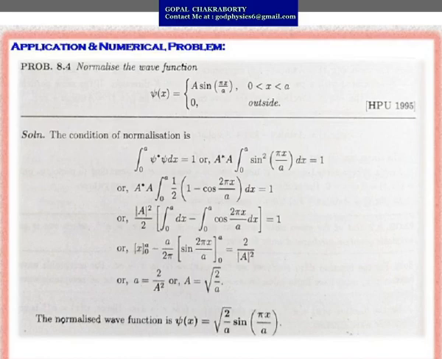So this is the normalization factor. Now if you substitute the value of A in the above equation, that will give you the normalized wave function. So the normalized wave function psi of x is equal to under root 2 by a sine pi x by a. So this is your normalized wave function.